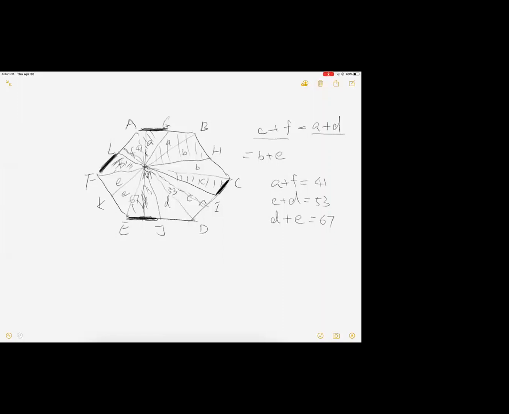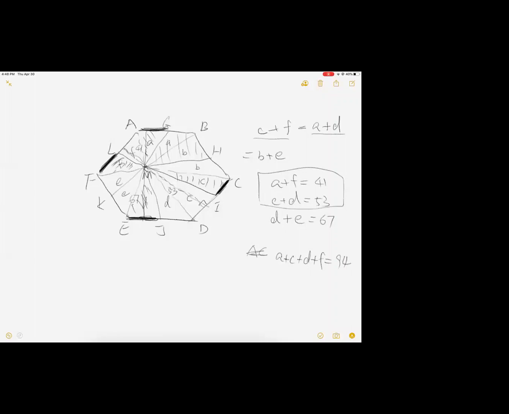ACFD together, A plus C plus F plus D, is equal to 94 because I just joined the two equations together. So you add up these two equations. A plus C plus D plus F is 94.